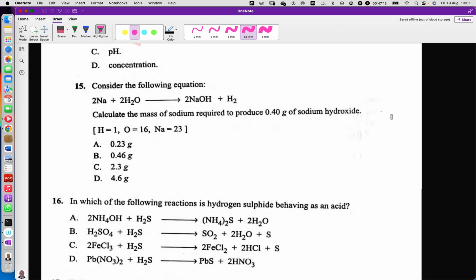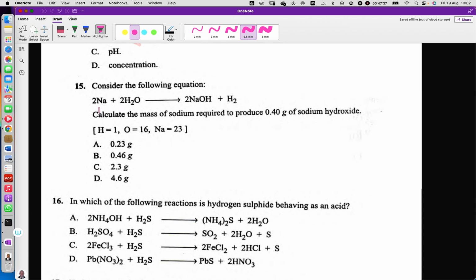Okay, step number 2, using the equation. Fellow learners, in your exams, equations that are given when it has to do with stoichiometry or calculations are very, very important. Balanced equations are very important in your calculations. Do not ignore them.